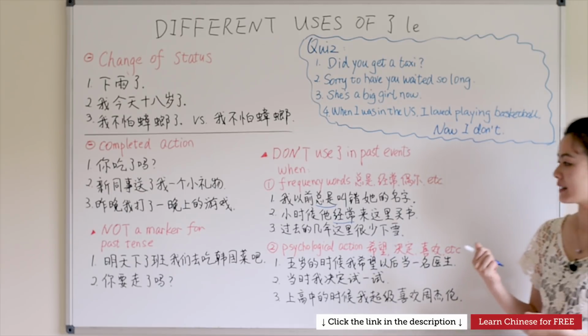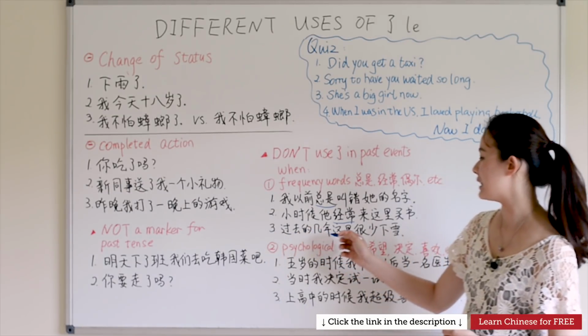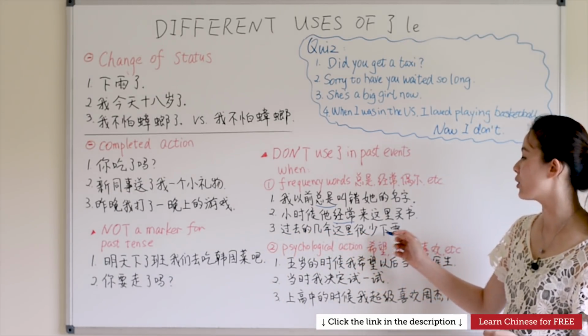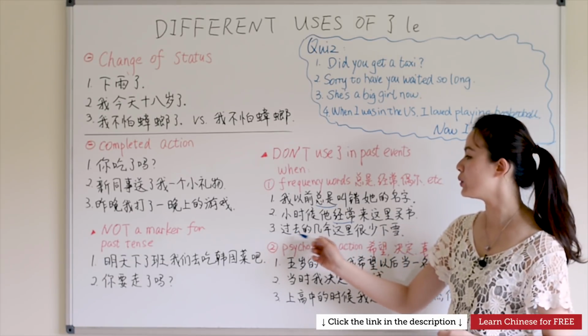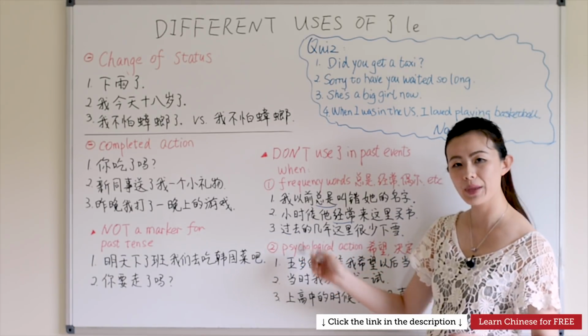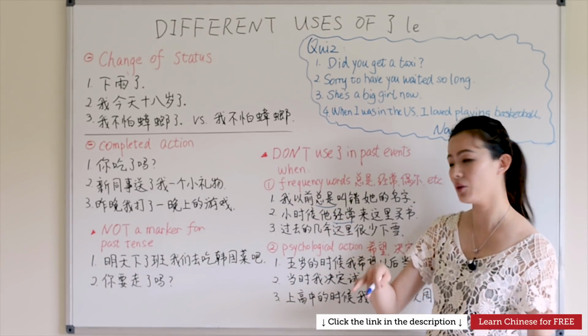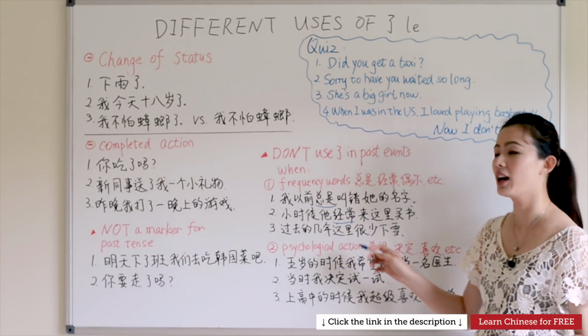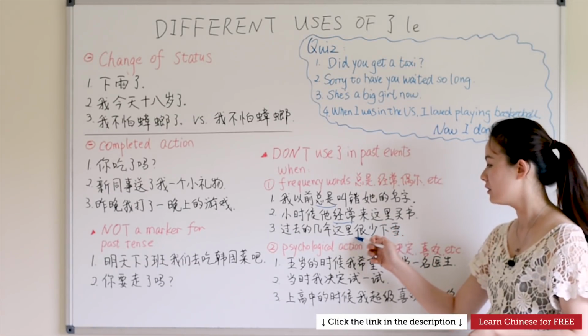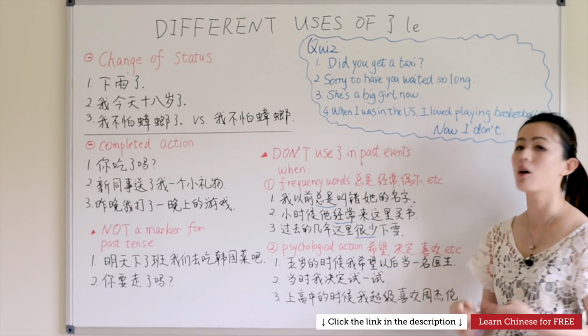Okay, the next example. 过去的几年，这里很少下雪。过去的 or 过去 means past, and 几年 means a few years. In the past few years, 这里, here, 很少 means rarely.